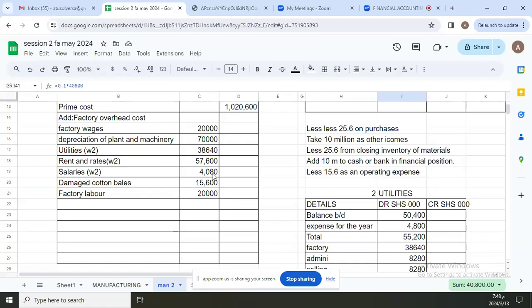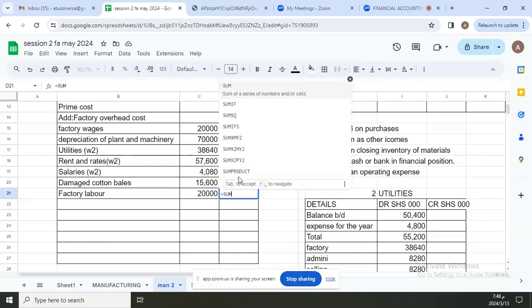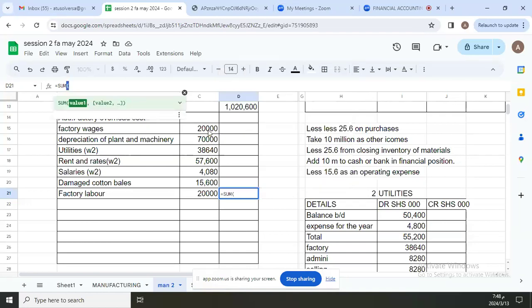Then we have damaged cotton bales, we have taken it. Then lastly, what we had forgotten is the factory labor. From there, we go on to add, so that we get the same amount.